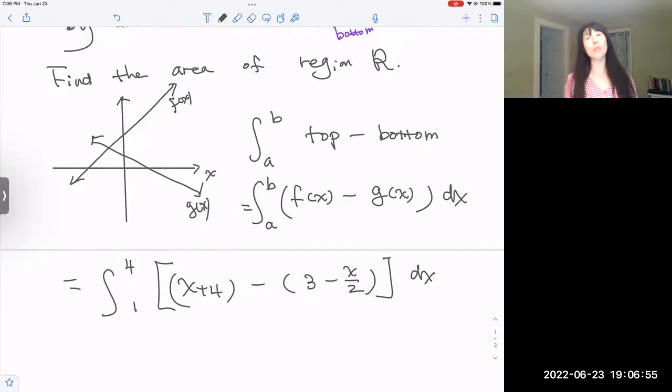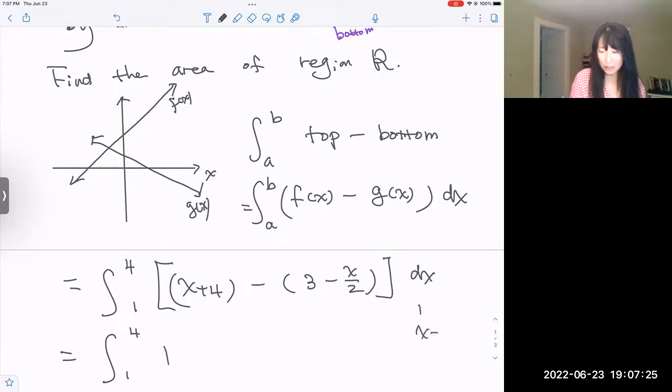Let us simplify before we integrate. So we have x and x. Okay, how about the constants, 4 minus 3? Just 1. So we have 1. And look, we have x minus x over 2, right? So what do you get for this one? 3x. Good.